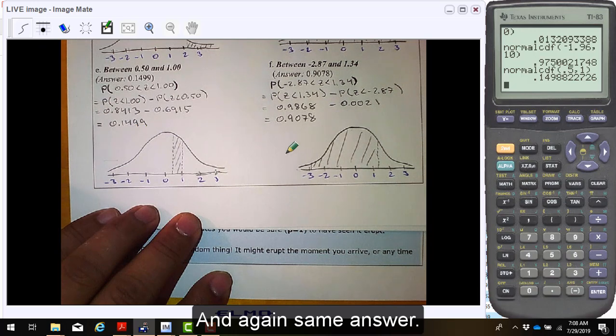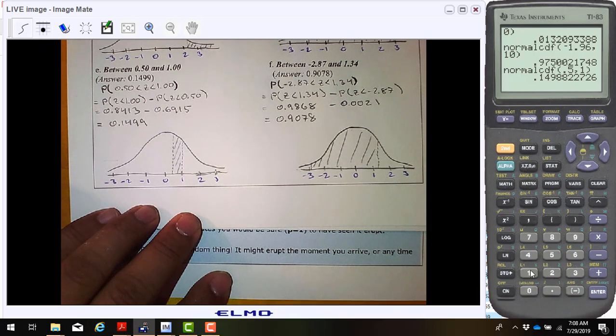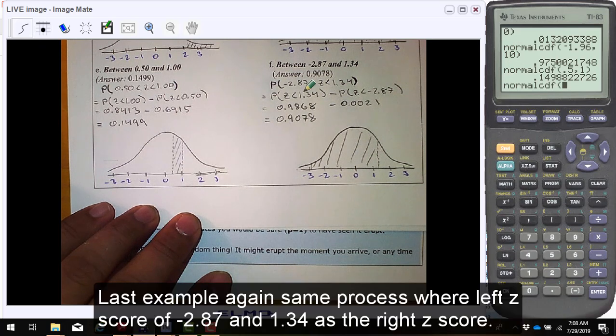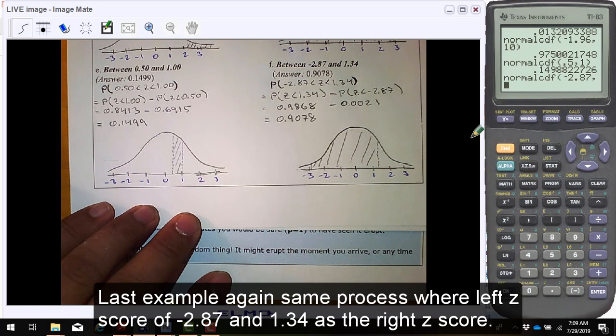And again, same answer. Last example again, same process where left z-score is -2.87 and 1.34 as the right z-score.